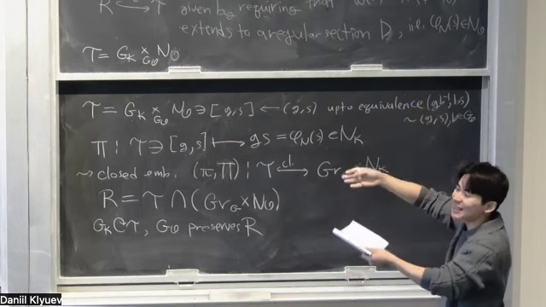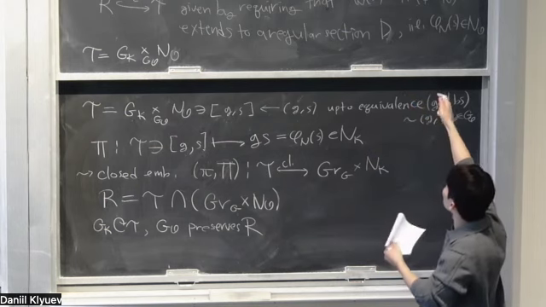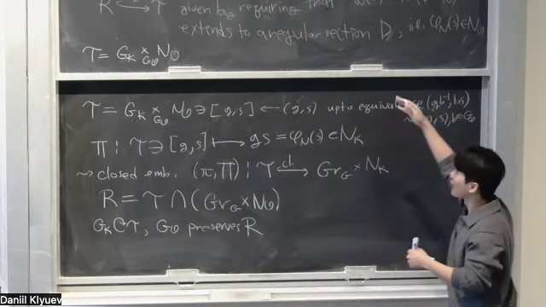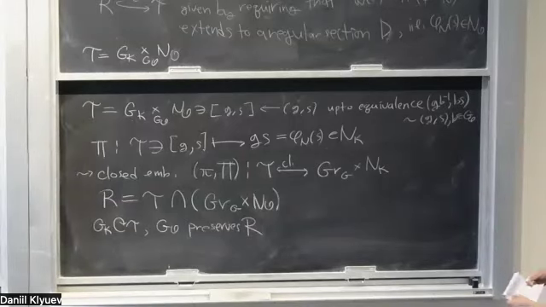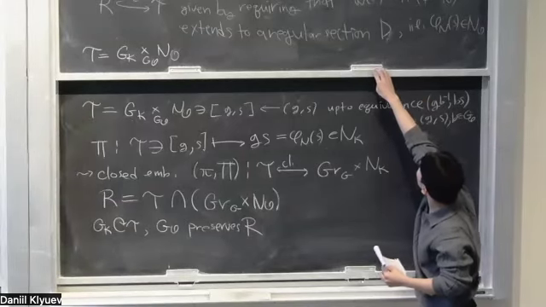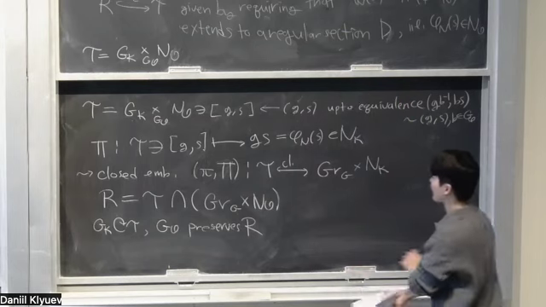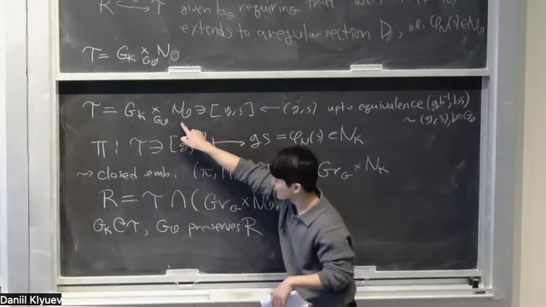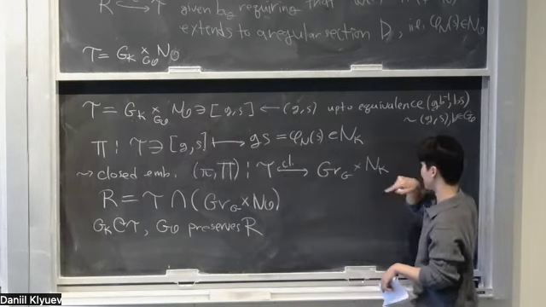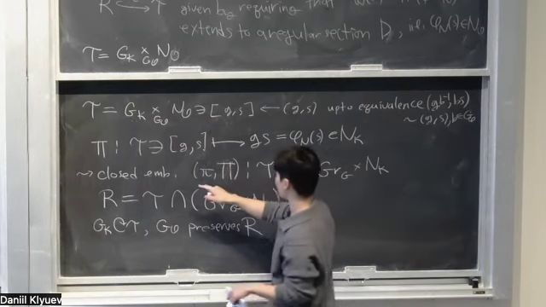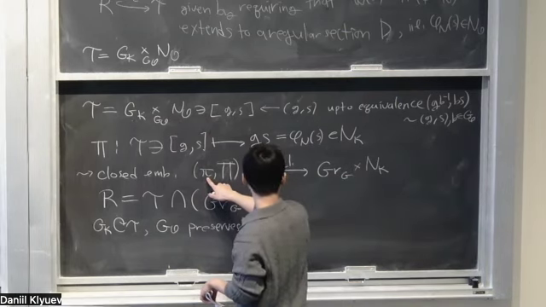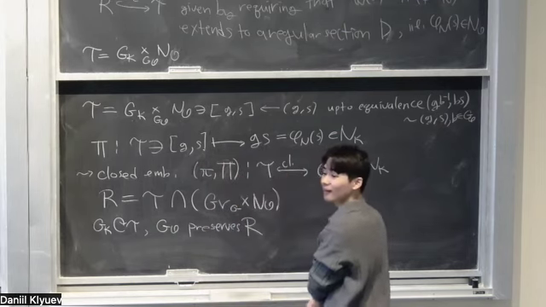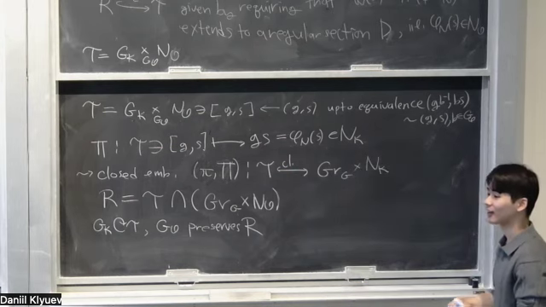I can say a little more, because GK mod GO is an affine Grassmannian, right?